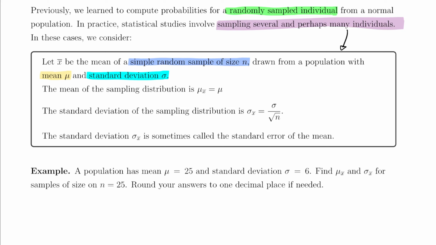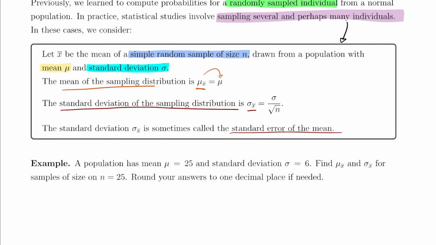It turns out that the mean of the sampling distribution, mu sub x bar, is just equal to the mean of the regular distribution. However, the standard deviation of the sampling distribution, sigma sub x bar, can be found by taking the standard deviation of the distribution and dividing it by the square root of the number of individuals that we're sampling. And this sigma sub x bar is sometimes called the standard error of the mean, so be aware of that notation.